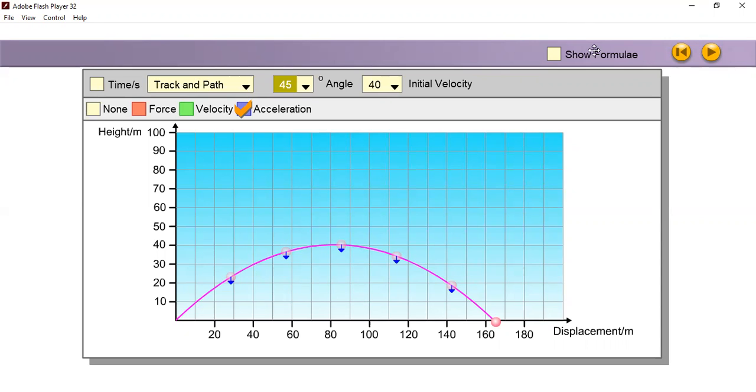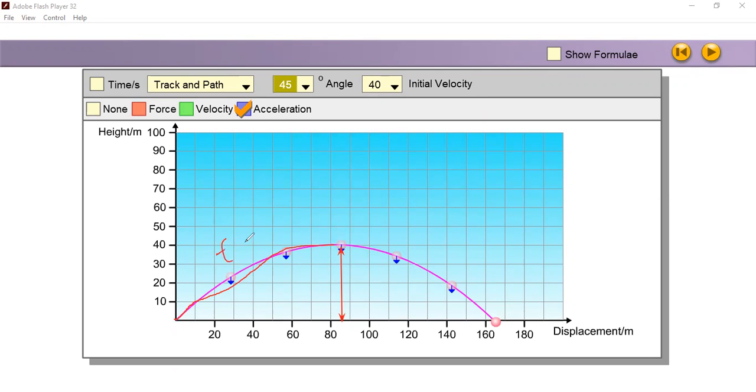Here will be the maximum distance. The maximum height will be here. Okay. Another thing is the time taken from here to here.